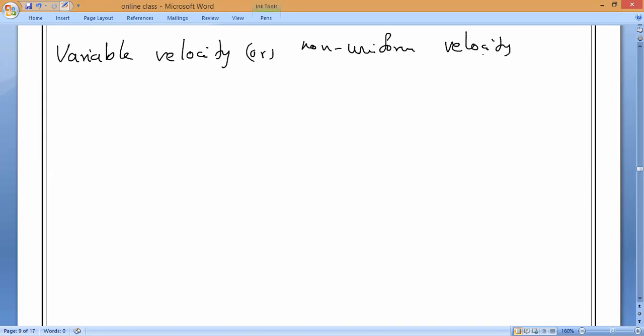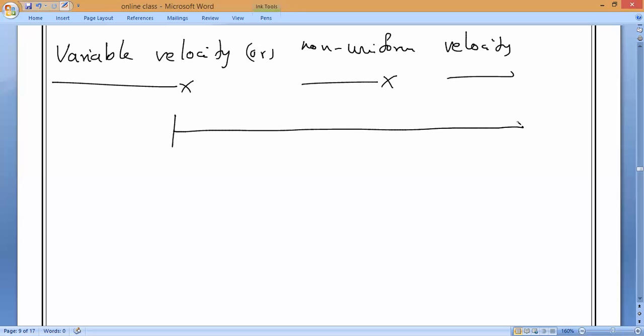So what can we say the formula is? Can anybody tell me? Velocity again is the same, but in place of distance we keep displacement. So when can we say a body is in variable velocity? Suppose Arun Kailash is traveling in a particular specified direction, but sometimes more distance, sometimes less distance.